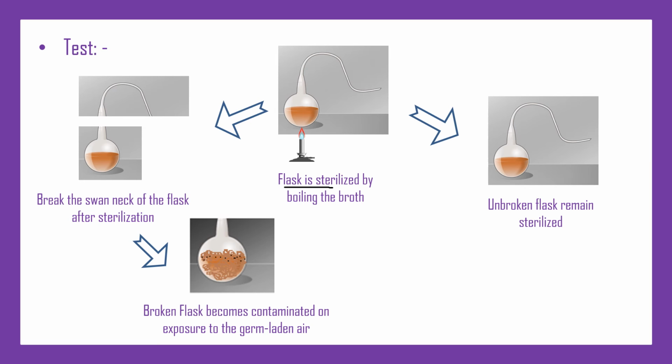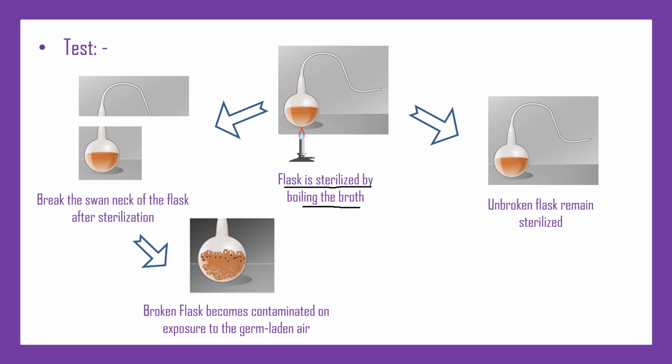We have sterilized by boiling the broth. So heat can destroy the undesired microbes which are already present in the nutrient broth or in this flask, and after sterilizing there will be no microbes present here, and this condition will remain sterile.